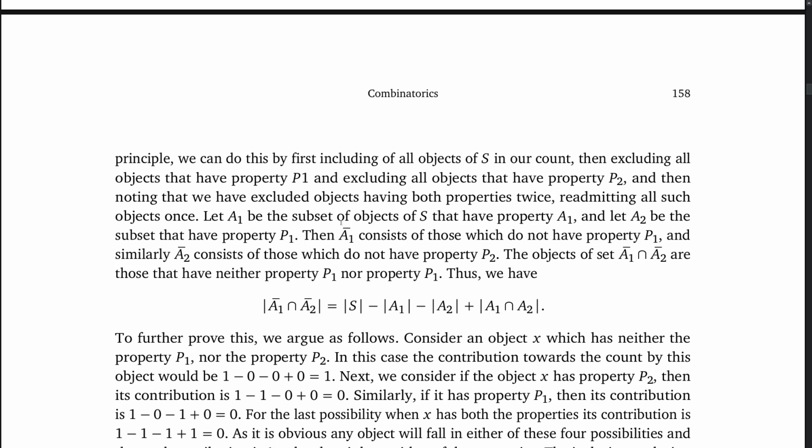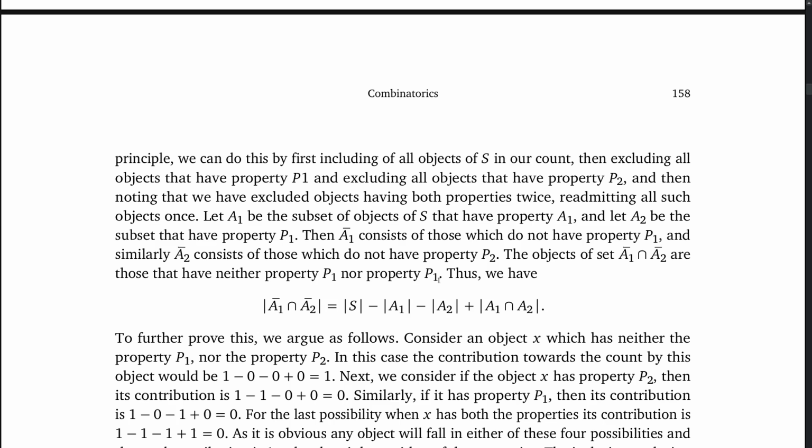Let A1 be the subset of objects of S that have property P1, and let A2 be the subset that have property P2. Then A1 complement consists of those which do not have property P1, and similarly A2 complement consists of those which do not have property P2. The objects of the set A1 complement intersection A2 complement are those that have neither property P1 nor property P2.